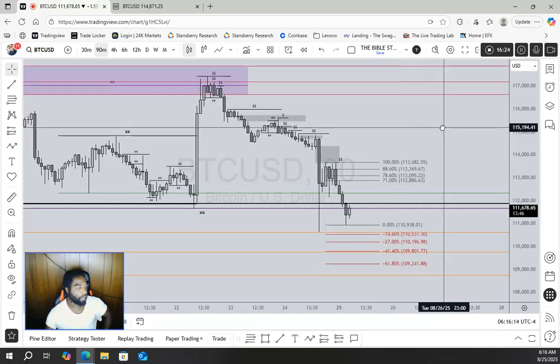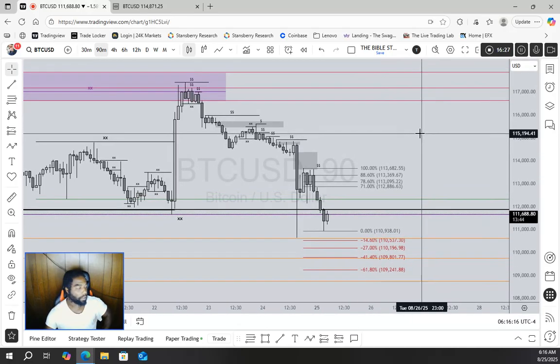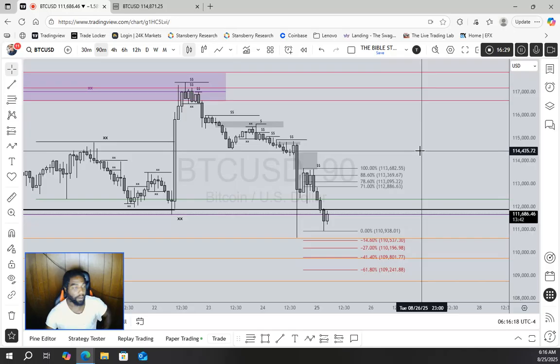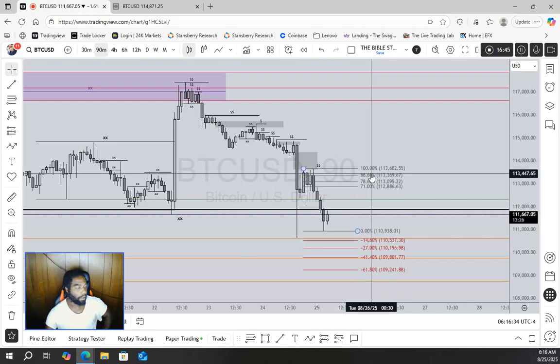So this is what price is doing currently. This is how I'm reading price action. This is how I'm analyzing price action at these higher time frame levels to determine what price is going to do next, simply based on price action and market structure, and just following the money.